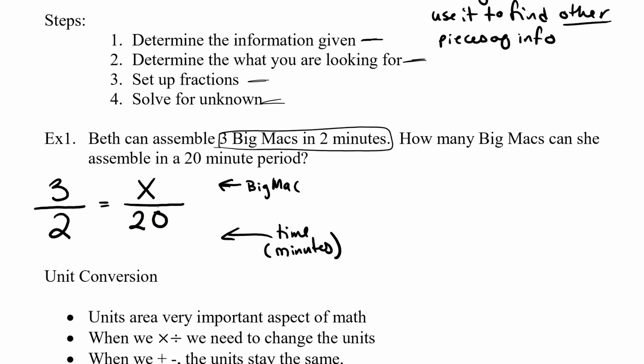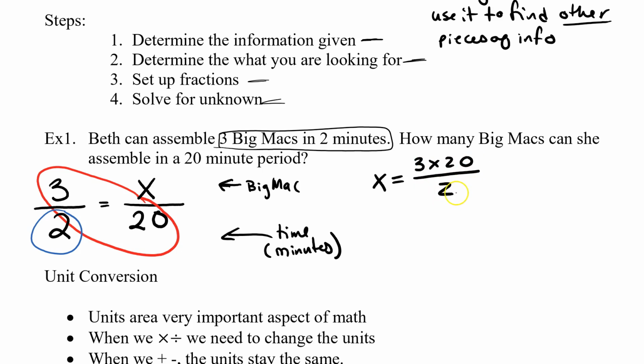Then we are going to use cross multiplication to help us out. So if I were to set it up, I would say x equals 3 times 20 divided by 2. And when I punch that into my calculator, I say x equals 30.